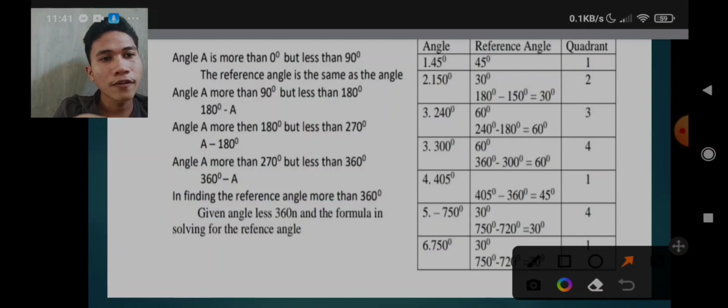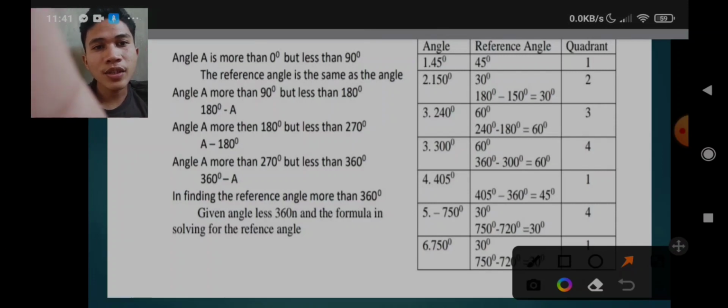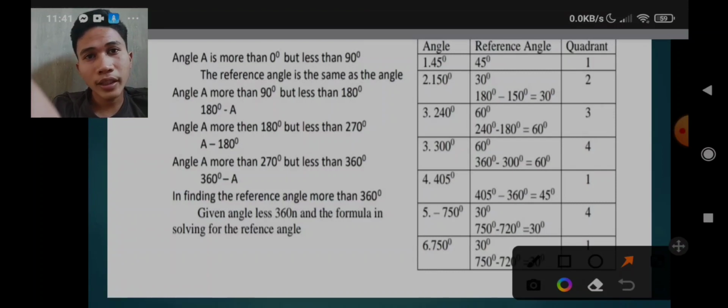And then we have negative 750 degrees. So 360 times 2, because 750 degrees is in the second rotation. So 360 times 2, the answer is 720 degrees. So 720 degrees is the second full rotation.